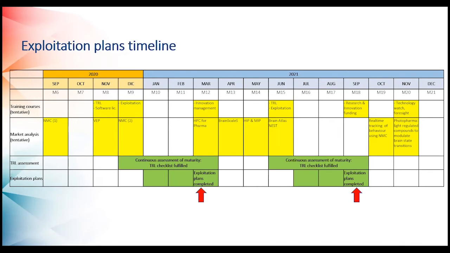It is your responsibility, and the yellow one is the things that we are doing to help you in this respect. So the training courses have been purposely scheduled here in November and December, because you need to attend this course and understand what we want in relation to the exploitation plan before doing it.